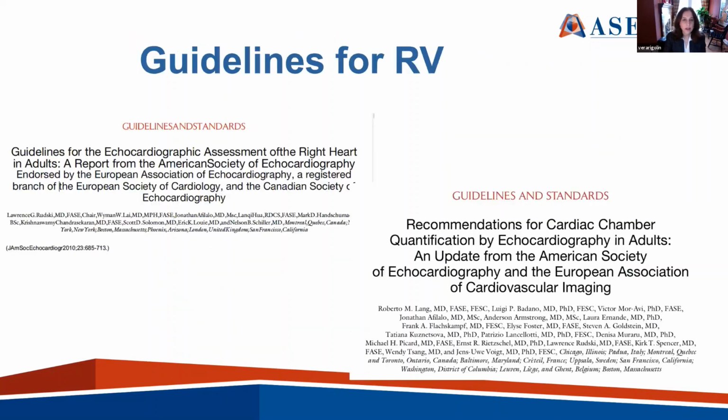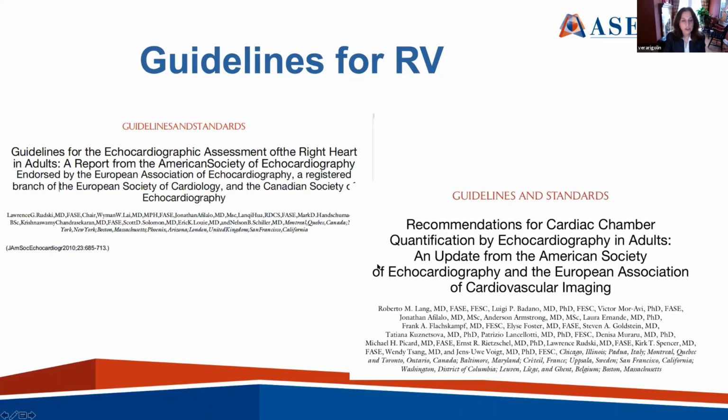There are 2 sets of guidelines that I want to draw your attention to. The first was published in 2010, and it was specifically dedicated to imaging of the right heart in adults. The updated guidelines for chamber quantification published by ASE in 2015 is a comprehensive document including all of the cardiac chambers, including the right ventricle.